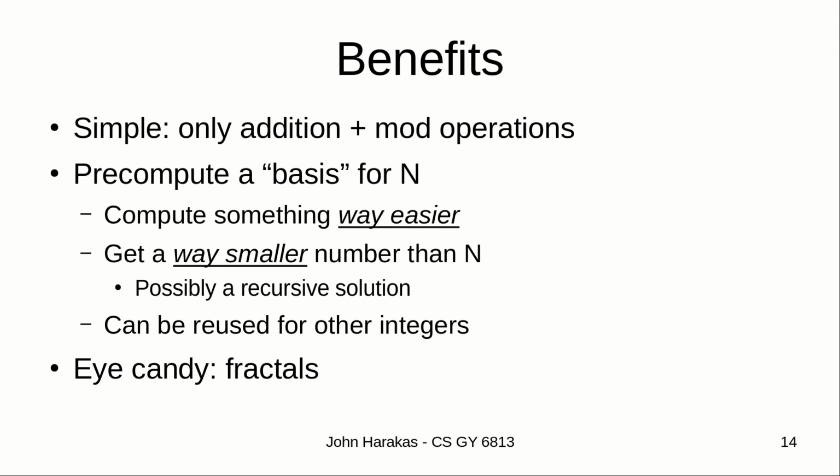From this, I don't directly compute the prime factor, but I compute a very small multiple of it, I'm saying like 5, and it can be used again for another integer, or so I'm hoping. And not to mention, its fractals are very pretty to look at.